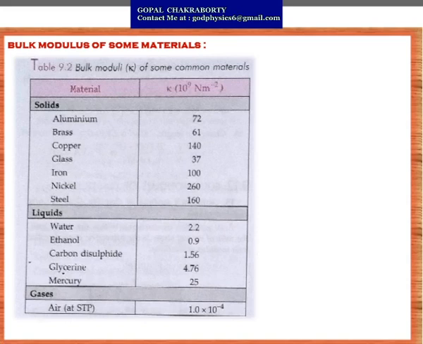Carbon disulfide is 1.56 into 10 to the power 9. Glycerin is 4.76 into 10 to the power 9, and mercury is 25 into 10 to the power 9, and lastly the air at STP is 1 into 10 to the power minus 4. All the units of this bulk modulus are Newton per meter squared.